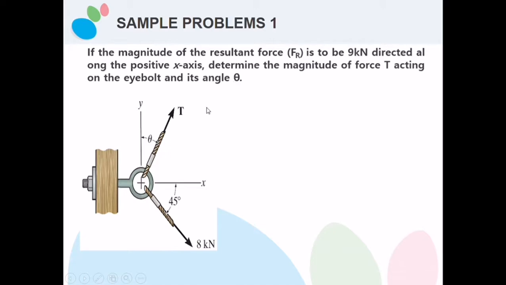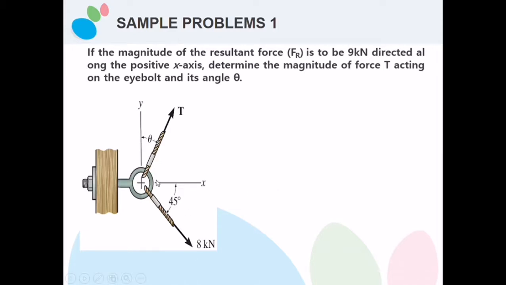So let's see the figure here. This is the x-axis, this is the y-axis. We have the force T acting on the eyeball, and the angle theta here, and then we have 45 degrees here.